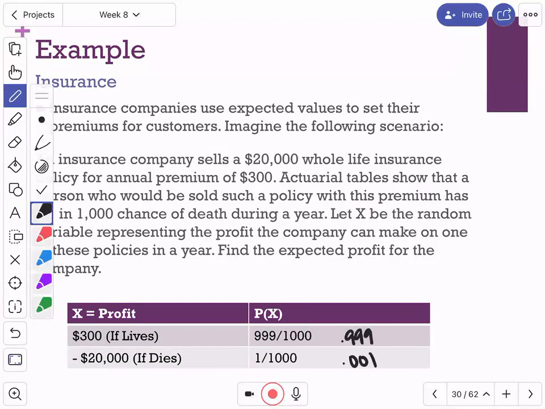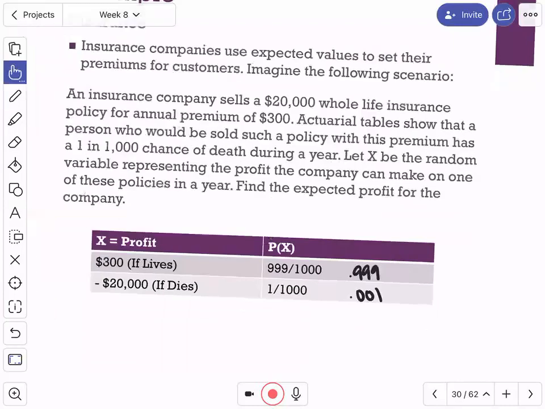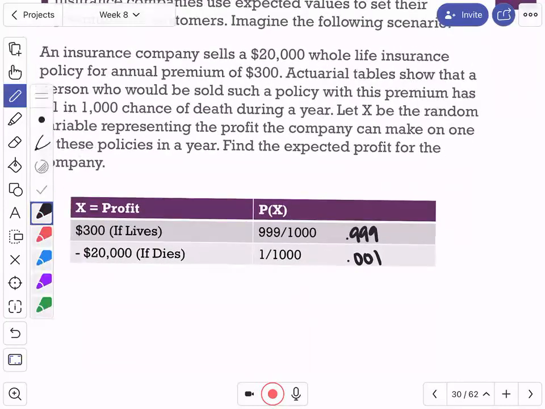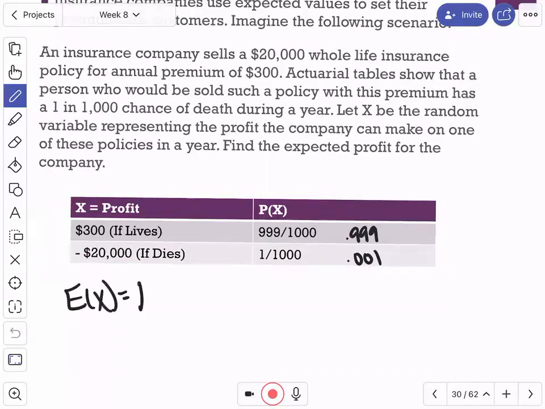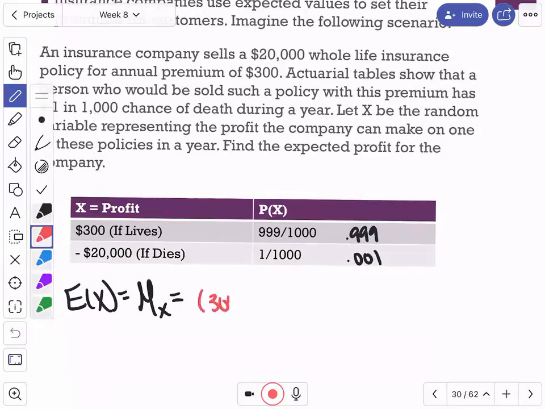If I want to calculate the expected value, how would I calculate it? How do I calculate the expected value of X, also known as the mean of X? Multiply 300 by 0.999. Good, so that's the first part, 300 times 0.999, that's a person living.